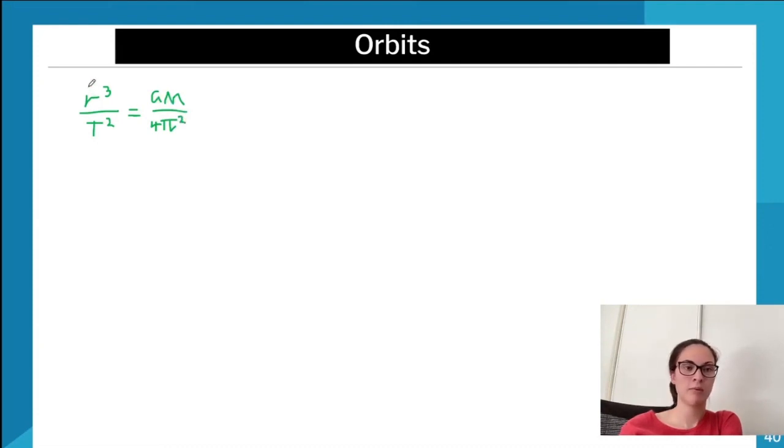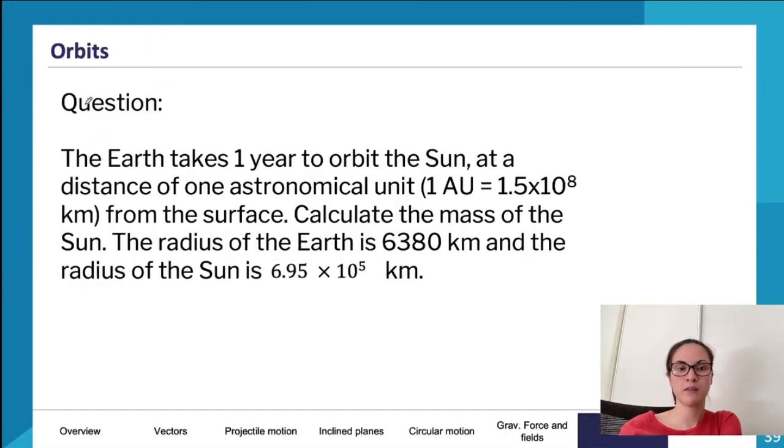We're going to remember that the radius is going to be in meters. So we need to make sure we add all three of these: this bit, that bit, and this bit.